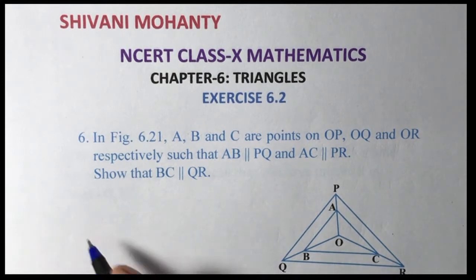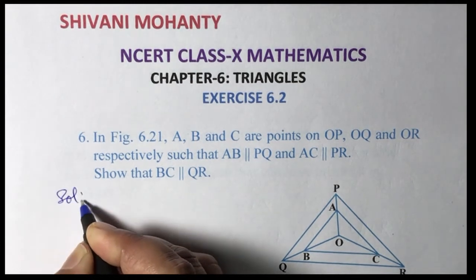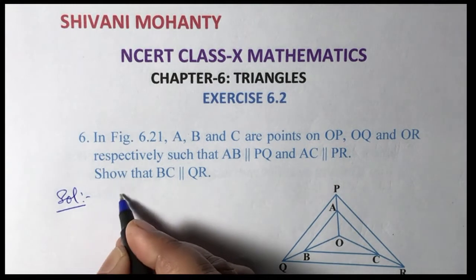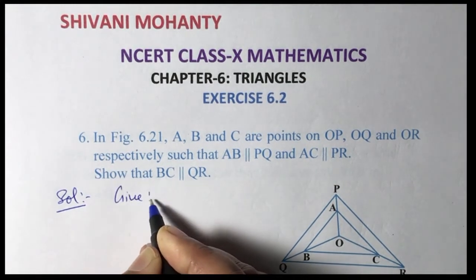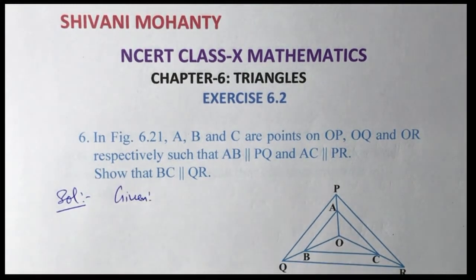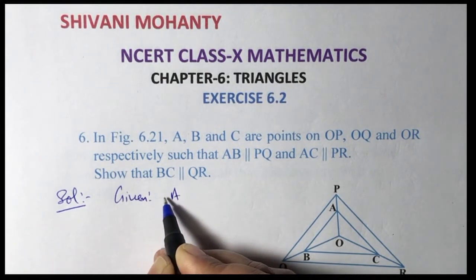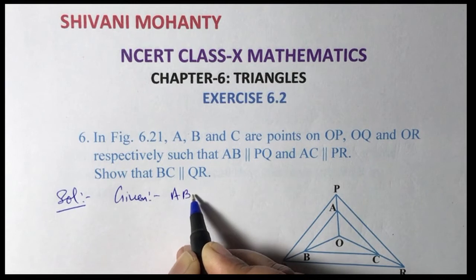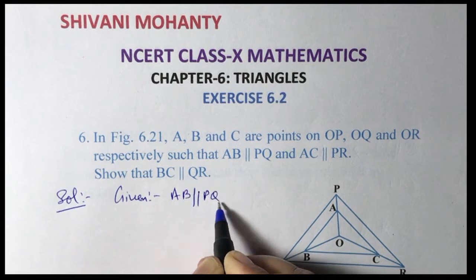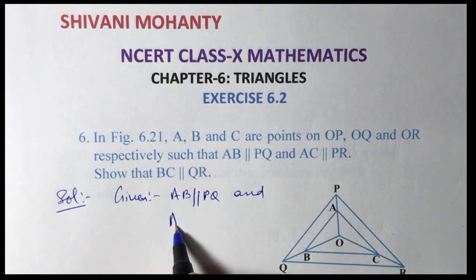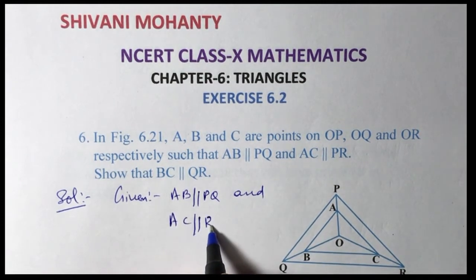Okay, so let us start solving the question. In the solution, first you have to write what is given. Given that AB is parallel to PQ and AC is parallel to PR.